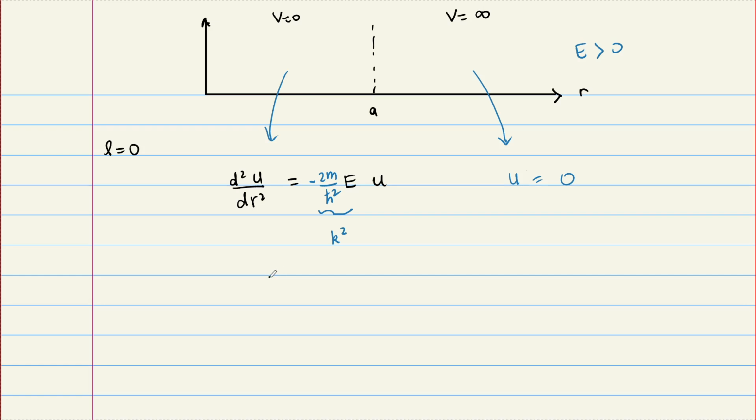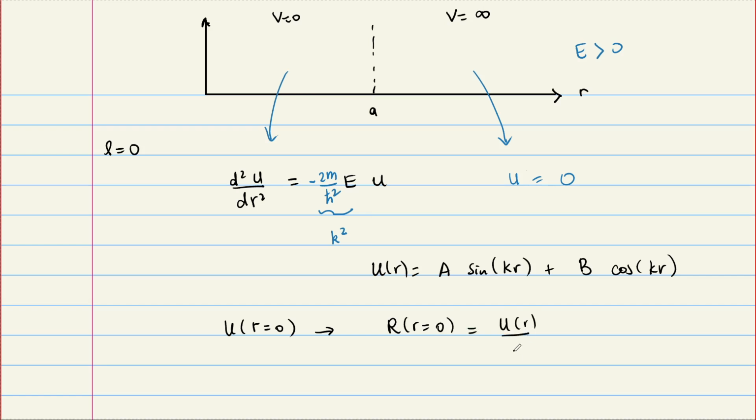Then the solution is U of r equals A sine kr plus B cosine kr. Exactly like in 1D, there is no change. But now the boundary condition we need to think about is U of r at 0, which should be determined by R of r at 0, and this is U of r divided by r at r equal to 0.